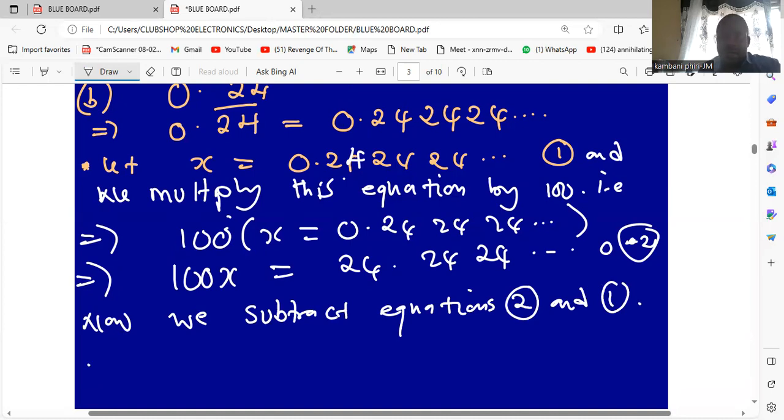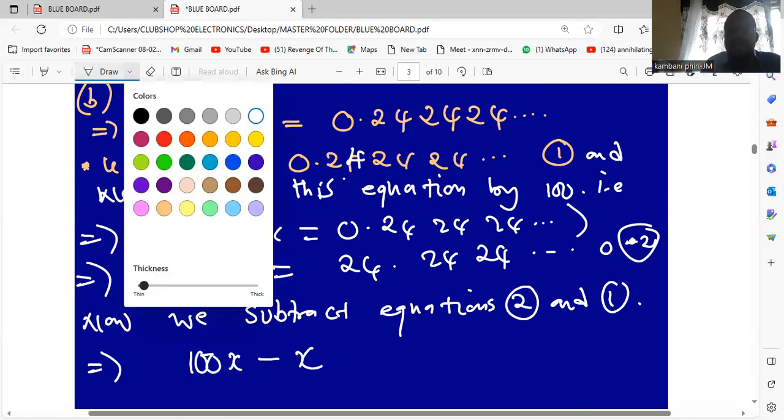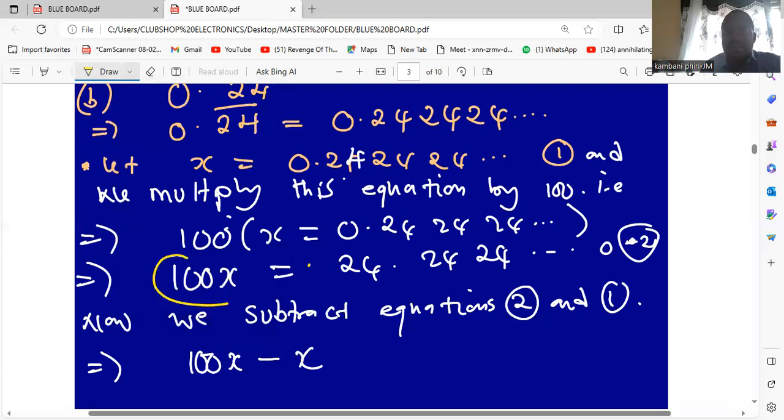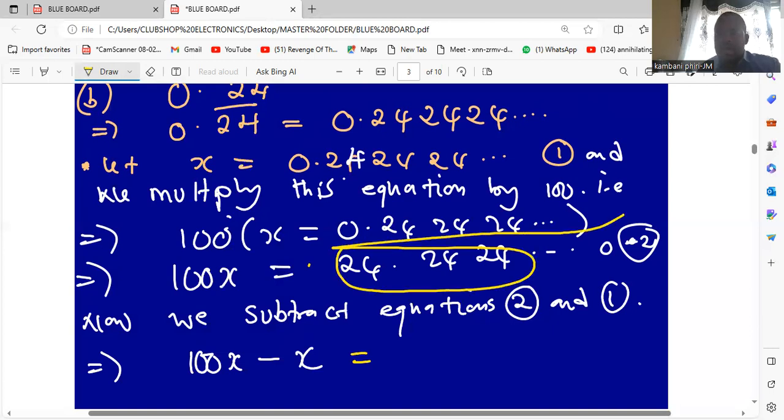All right, implying therefore that we'll have 100x minus x. The 100x we are talking about is this minus this x. Hope that is okay. This is equal to, we subtract now this minus this, right?